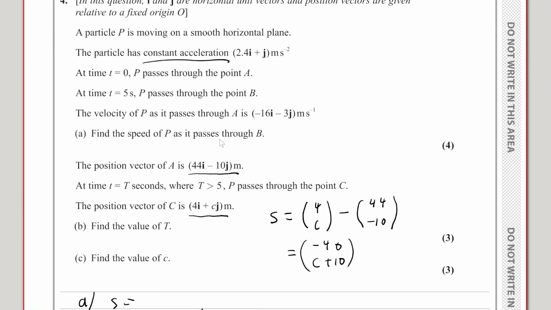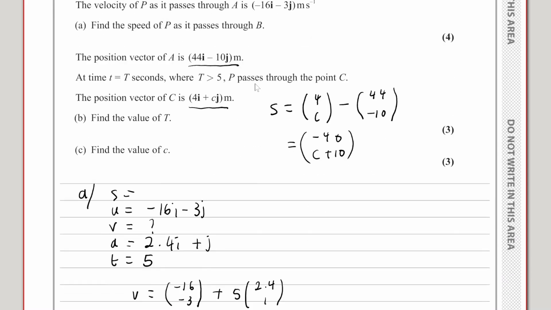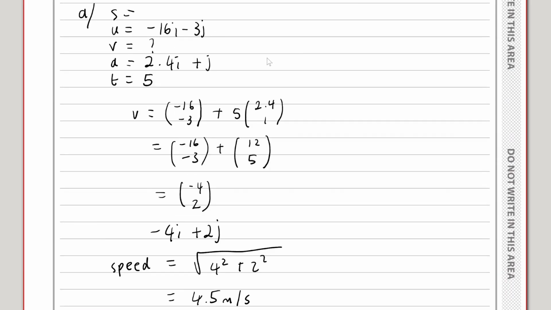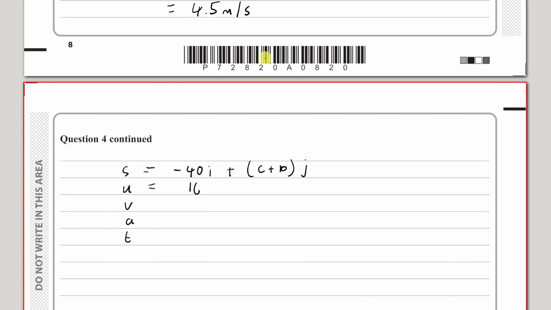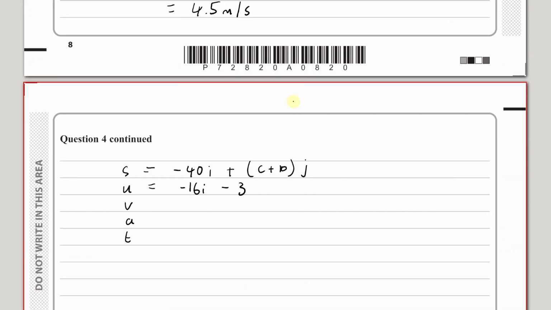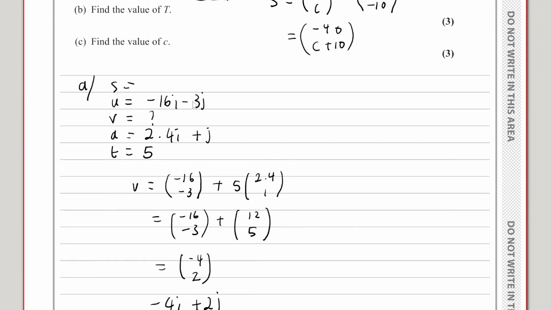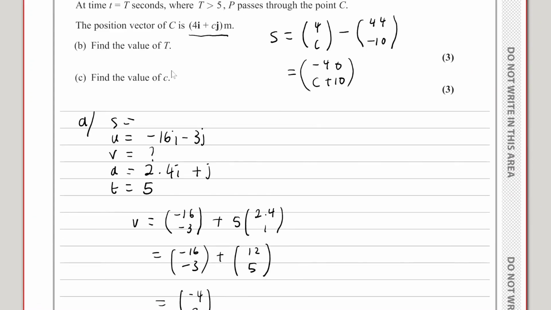We know we've got constant acceleration, an initial velocity that we still know from before, negative 16i minus 3j. And the acceleration was 2.4i plus j. And we want to know t.